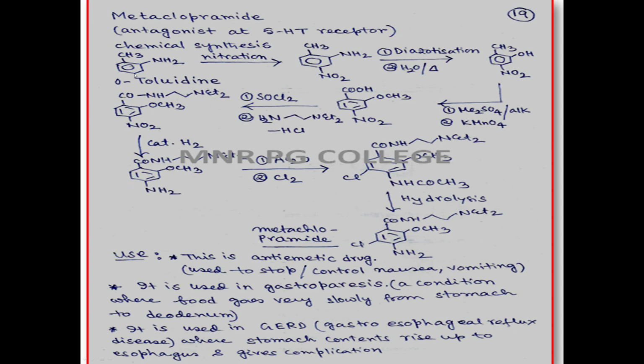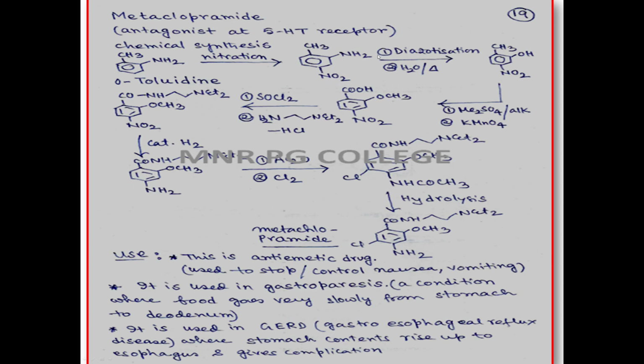Now the CH3 group is ortho para orienting, but the NH2 group gets protonated, and then the protonated NH2 group becomes meta orienting. So because of that reason we get the nitro group para with respect to CH3 but meta with respect to NH2.